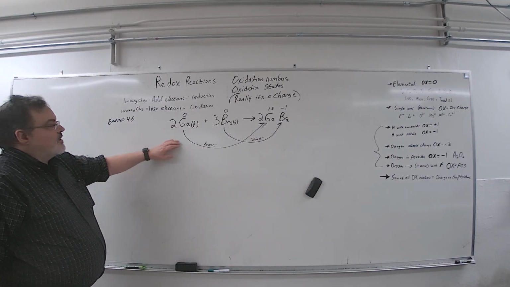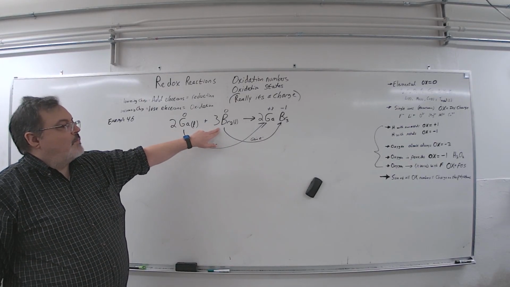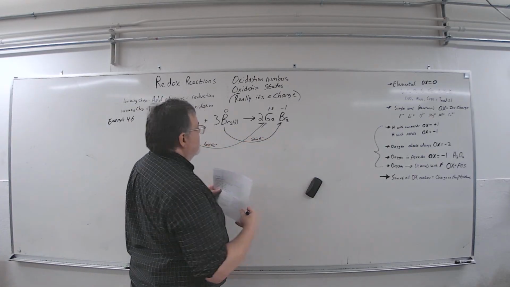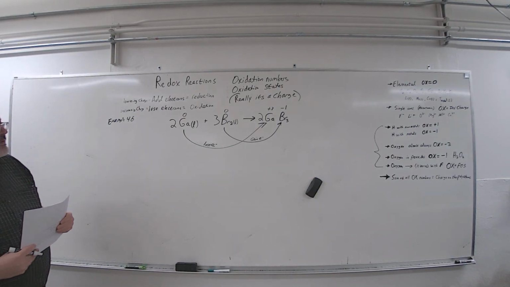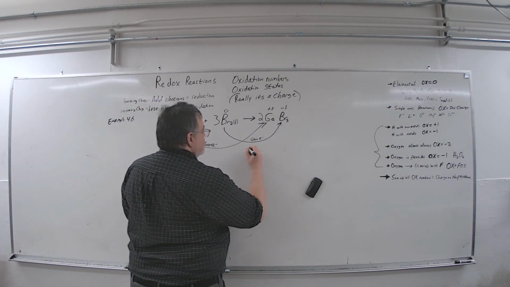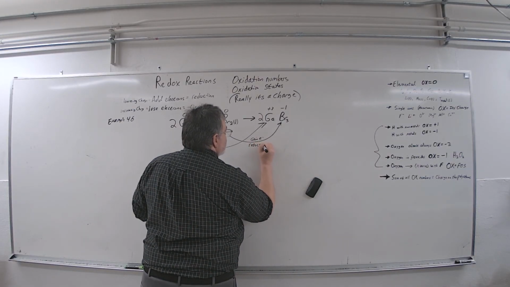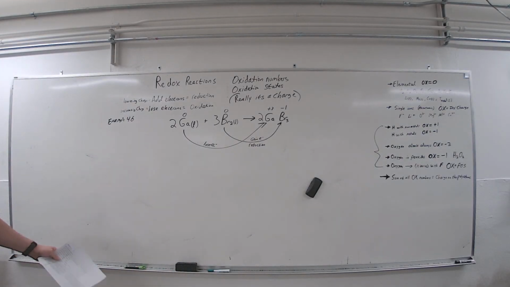If you just look at the charge, what happened to the charge? How would you describe what happened to the charge going from here to here for bromine? It reduced. Reduction is occurring here. And like I said, think about its charge to get the vocabulary word.